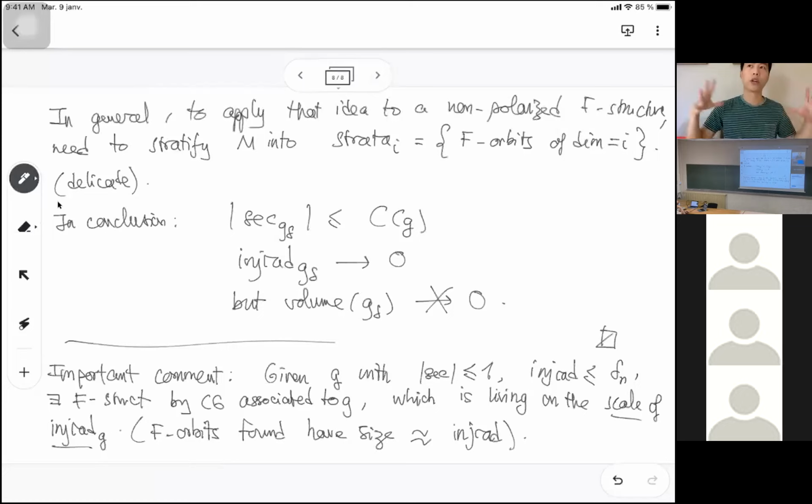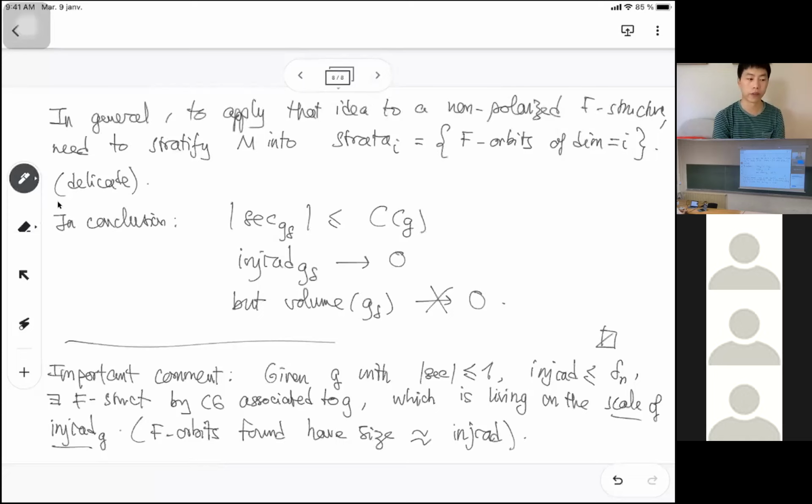But when you have a very collapsed metric with bounded sectional curvature, it happens in general that you have many different scales that are collapsing at different rates. So F structures are fine, but we will see in the near future that you have this notion of N structures, and the role of N structures is to describe what's happening at scale 1.